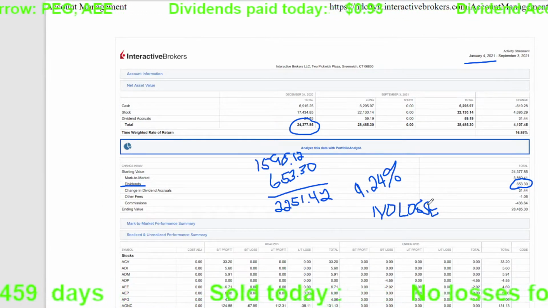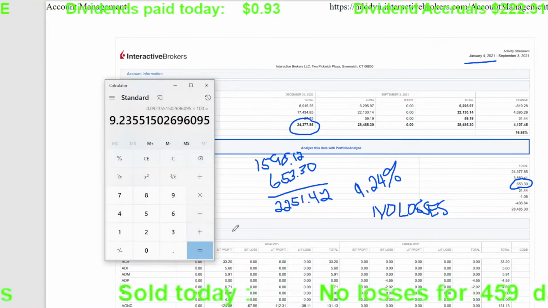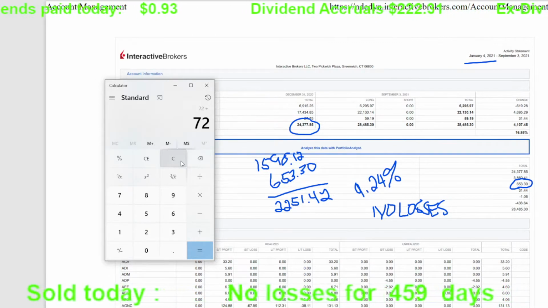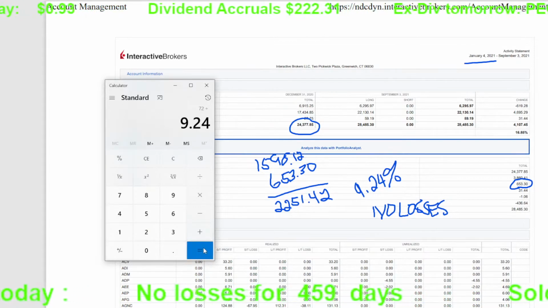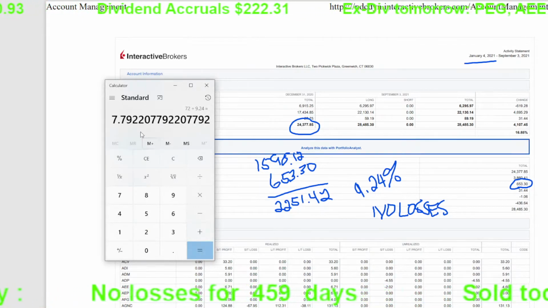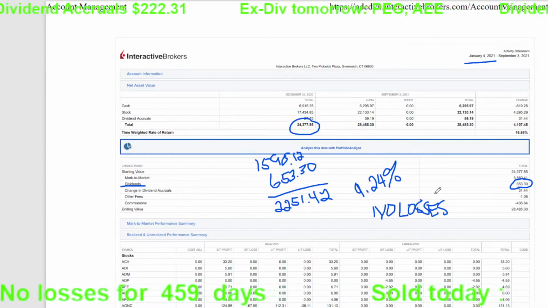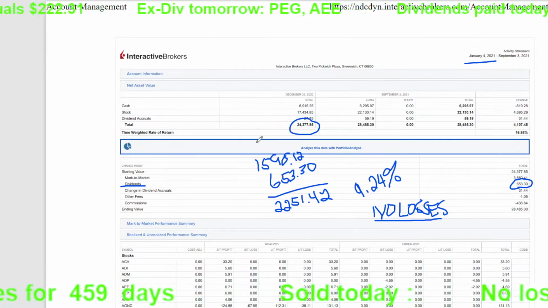Okay, now what we do is we take the rule of 72, right? 72 divided by that percentage, 9.24. 7.7 years or 7.8 years to double your money. You have to understand that this is a slow process.